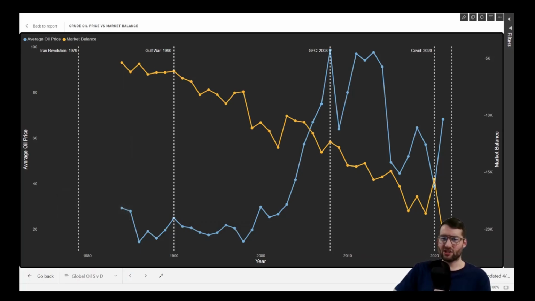The inverse relationship is one of the most important signals in energy markets. That's what we want to look for here: the relationship between the two. When surplus is high, prices will be down, and when surplus tightens and there's less oil available on the market, prices go up.